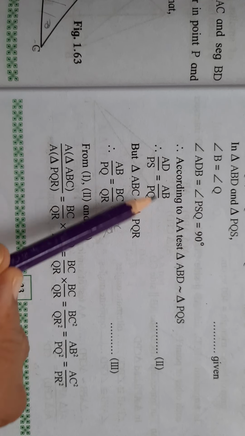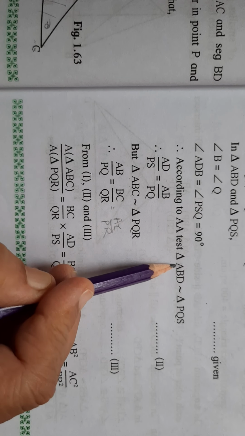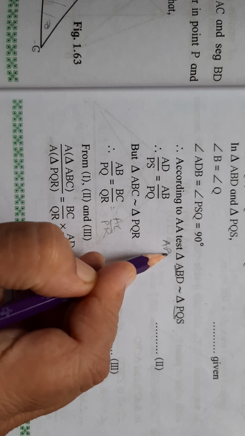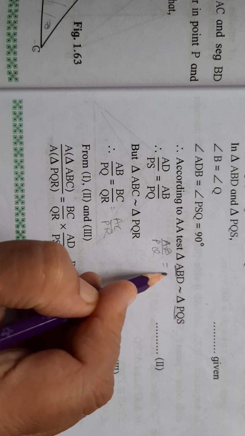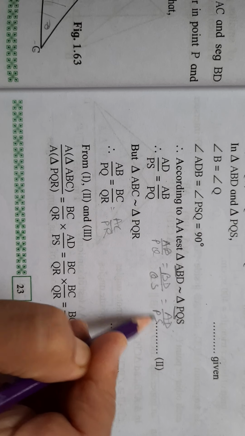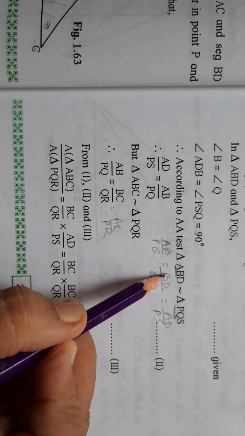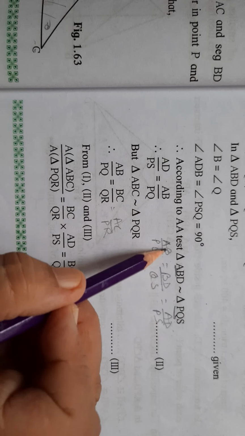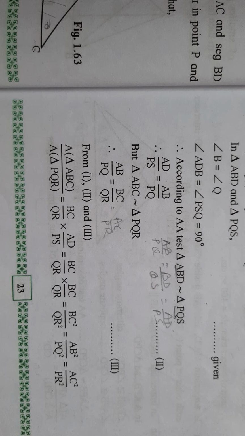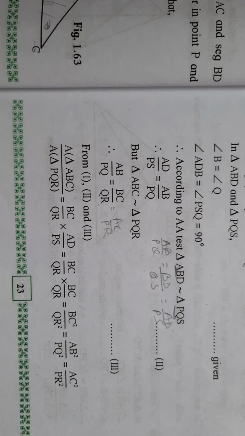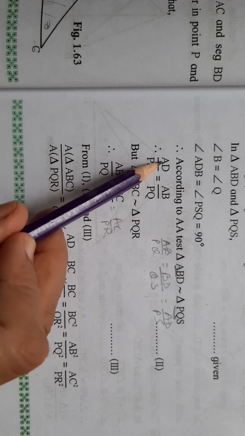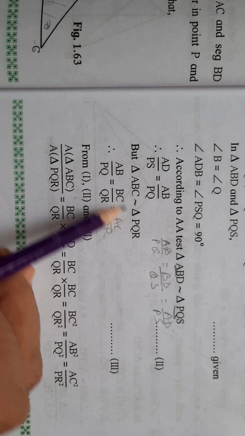Therefore, AB upon PQ is equal to BD upon QS is equal to AD upon PS. So AD upon PS is equal to AB upon PQ.